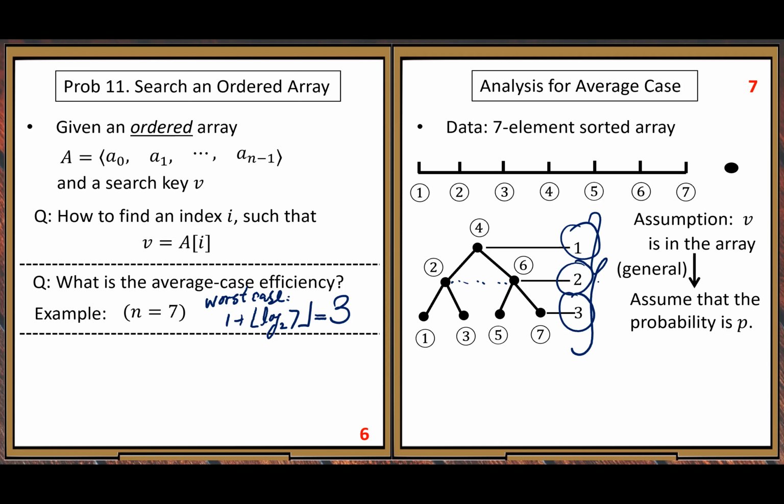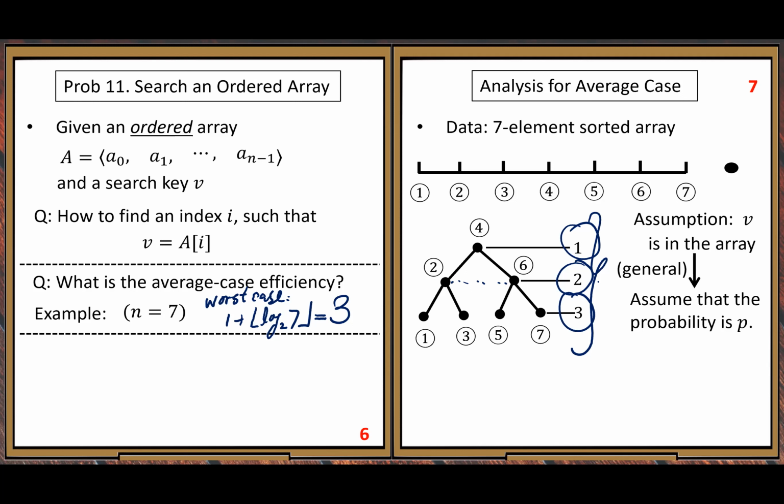The top level needs only 1 comparison. The elements in the second level need 2 comparisons. The elements at the bottom level need 3 comparisons.